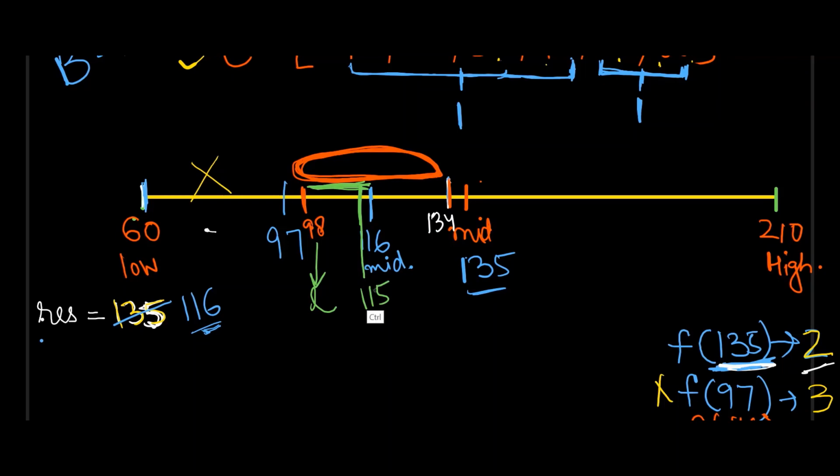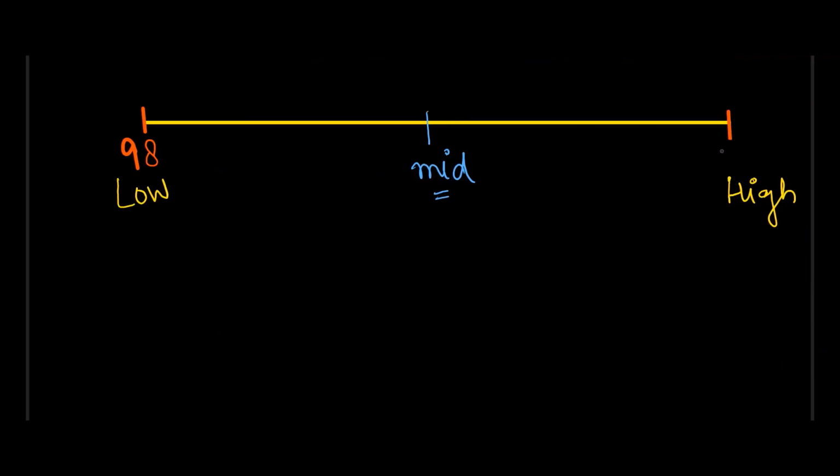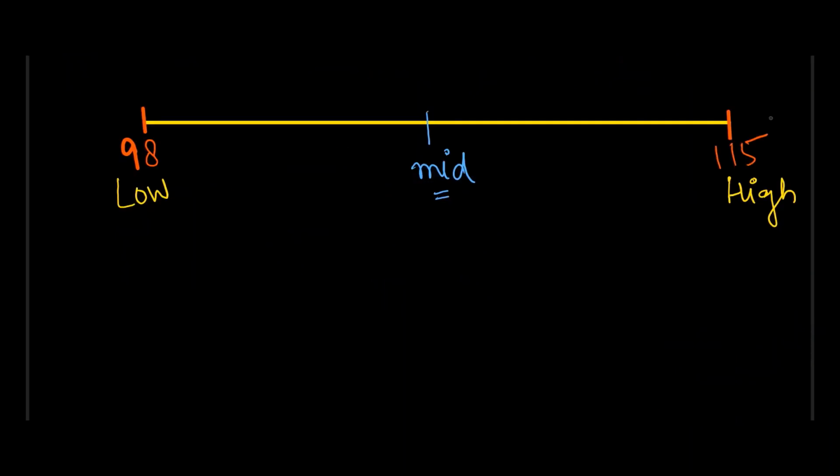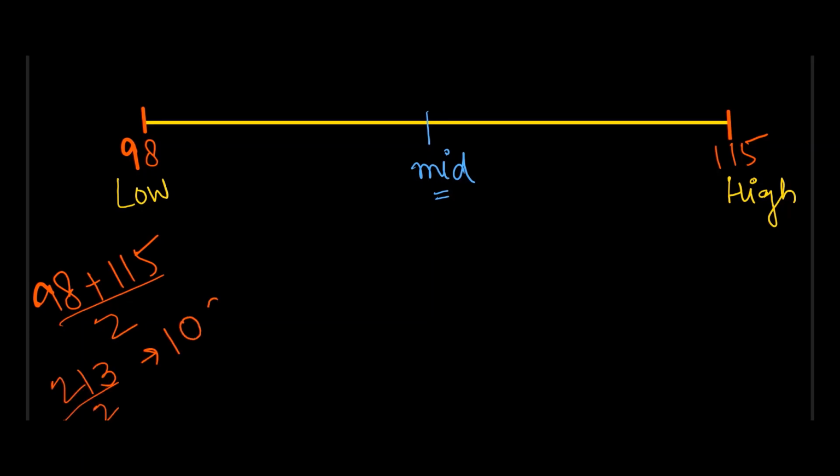So I'll write here high, which in the broader picture is from 98 to 115. Now if I calculate mid of 98 and 115, divided by 2, 2 ones are 2 and 2 sixes are 12. So mid will be 106. Now we'll be checking for 106.